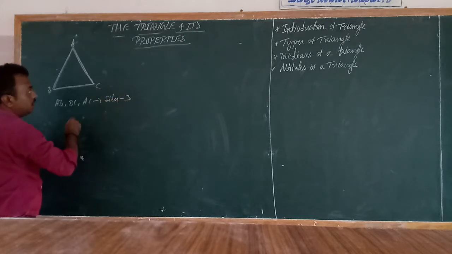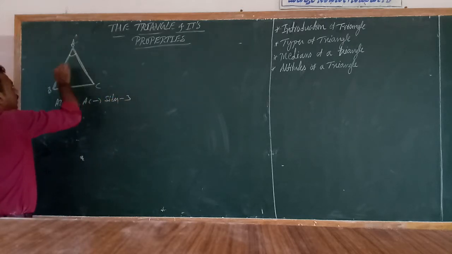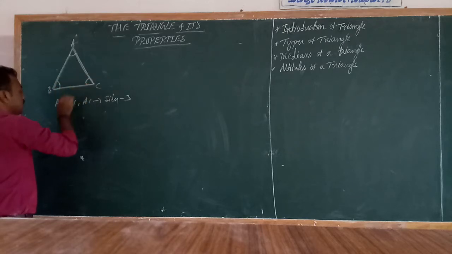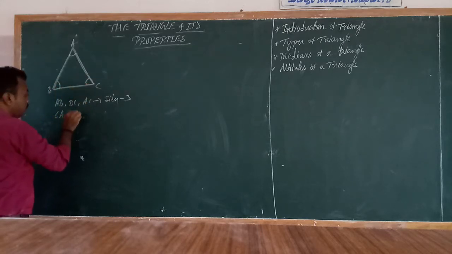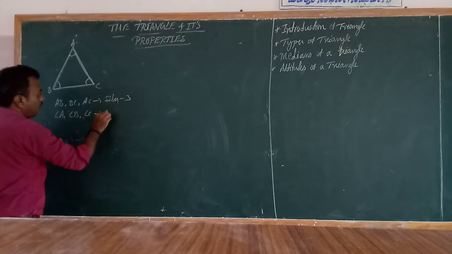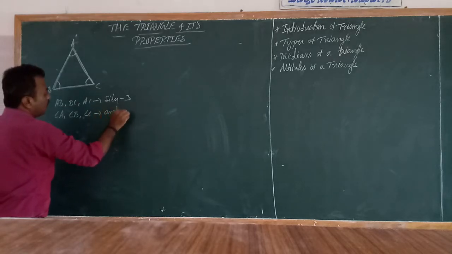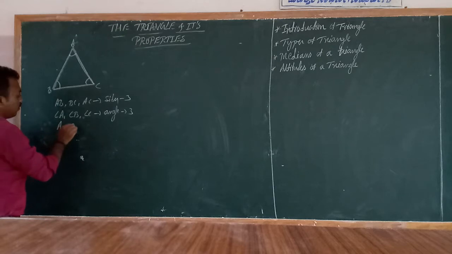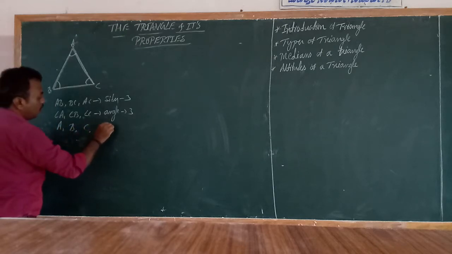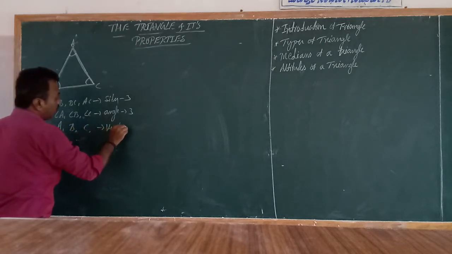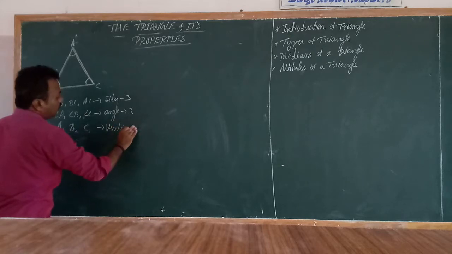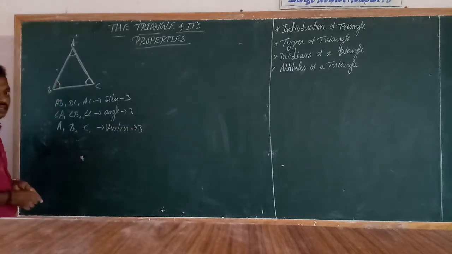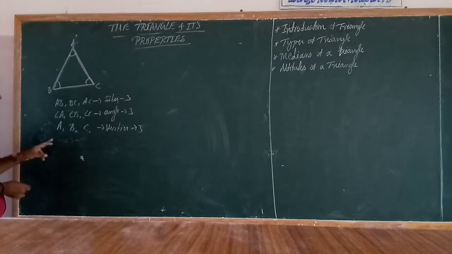How many sides are there? 3 sides. Angle A, angle B and angle C are the angles. How many angles are there in a triangle? 3 angles. A, B and C are the vertices of the triangle. So how many vertices are there? There are 3 vertices in this triangle.